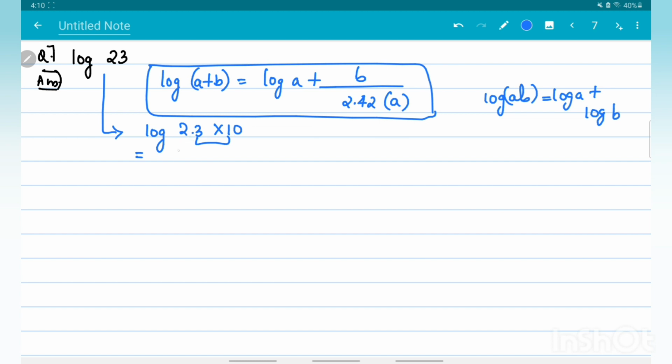Log 2.3 into 10 can be written as log 2.3 plus log 10. Now log 10 value is 1, we all know. Now we are going to write it as log 2.3 plus 1.